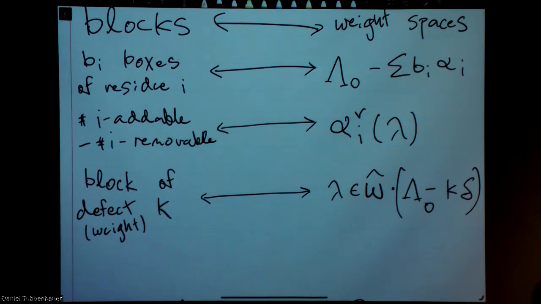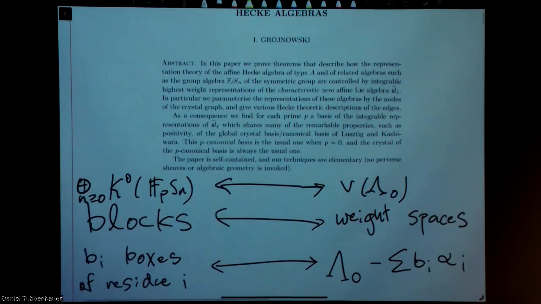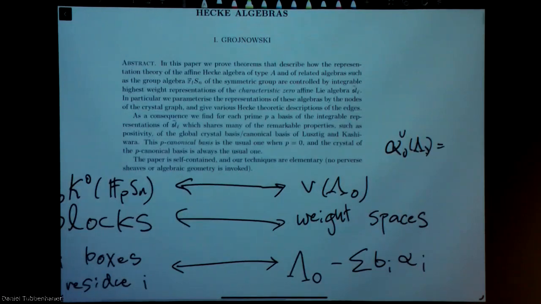Can you scroll up just a little bit? So, is lambda 0 chosen, or is it the fundamental weight? It's defined by alpha_0 check of lambda 0 equals 1 and alpha_i check of lambda 0 equals 0.